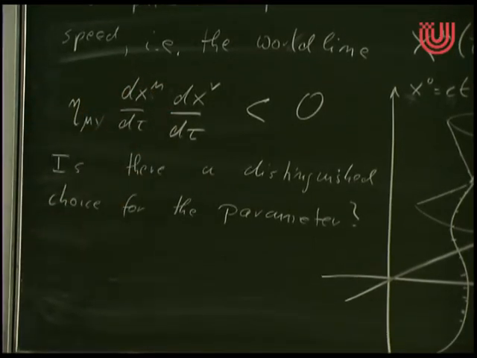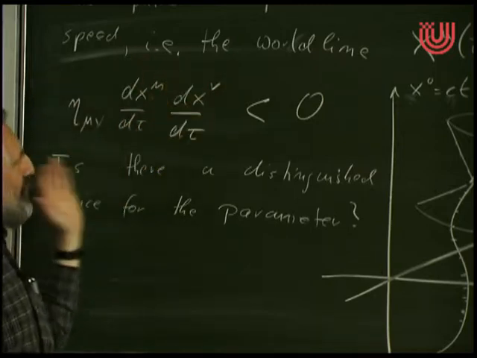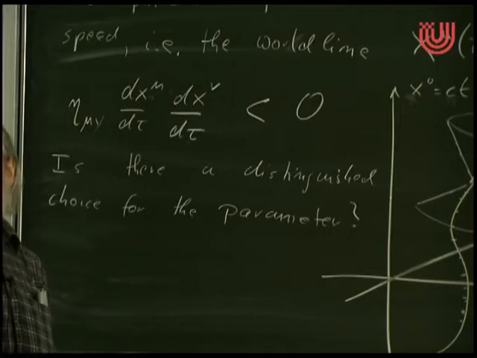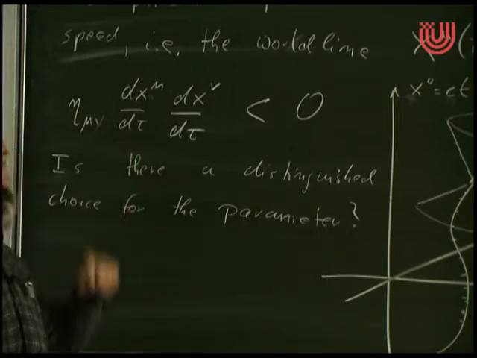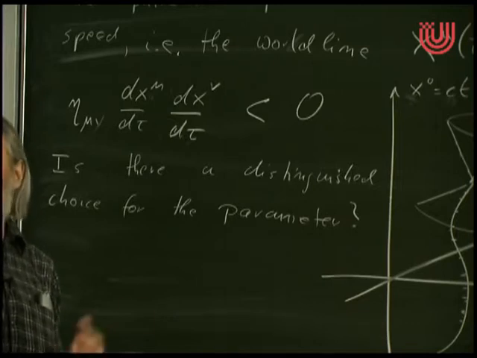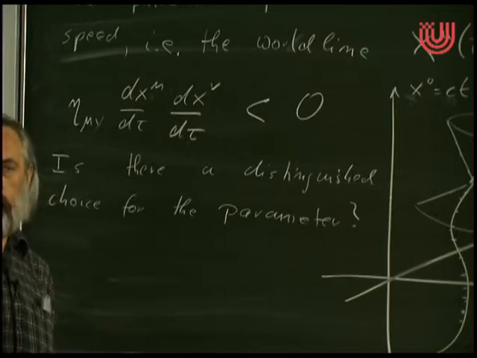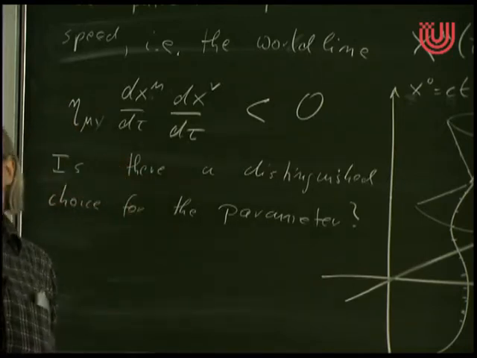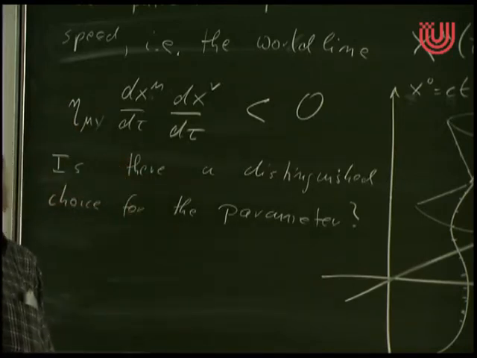And now in special relativity, is there a distinguished velocity? Is there a distinguished value which we could give to this negative thing? I think from a formal point of view, a very natural choice is to normalize this to -c². Minus because it should be negative. And something with the dimension of a velocity squared, the natural choice would be the velocity of light squared.